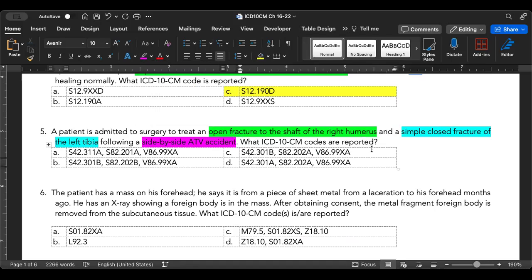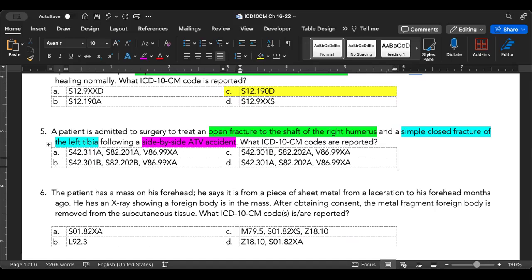So let's look at our open fracture of the shaft of the right humerus first. We'll go to fracture. Again, this is a traumatic fracture because it was following an accident. Our anatomic location is the humerus. And then it is of the shaft. So what code are we going to further expand in the alphabetic index?